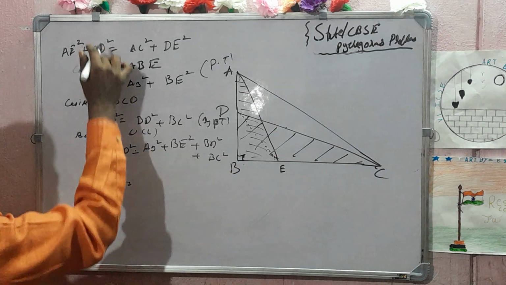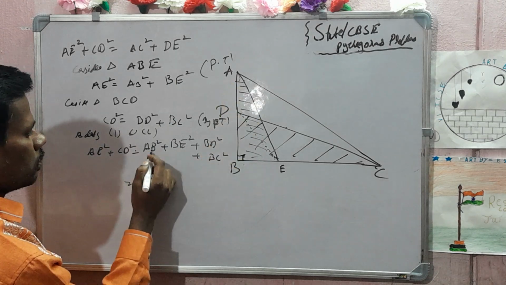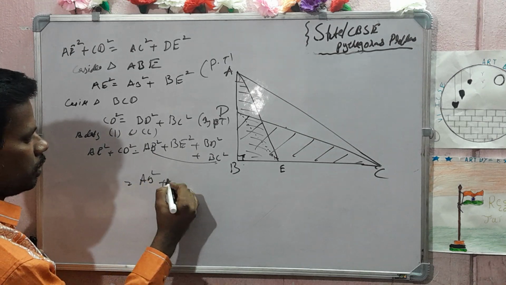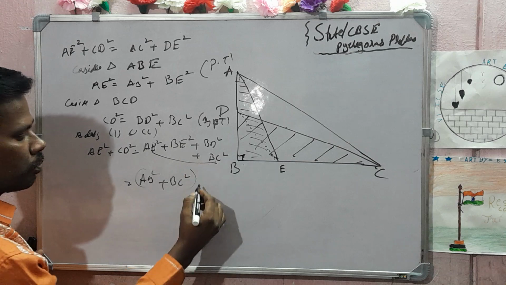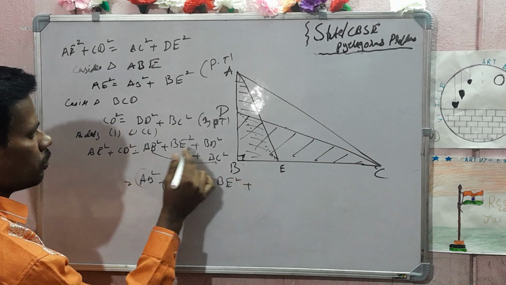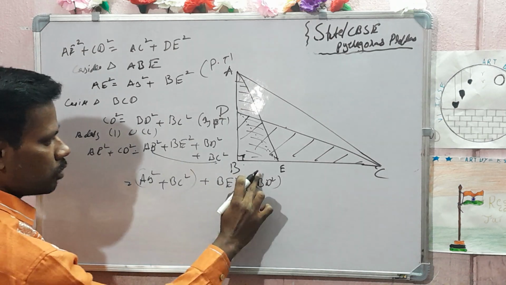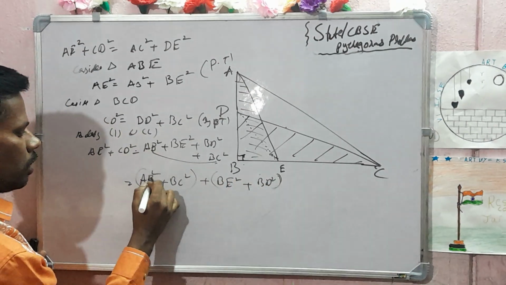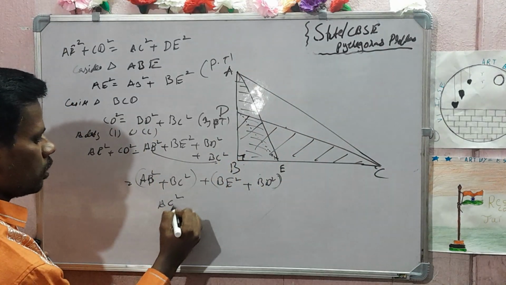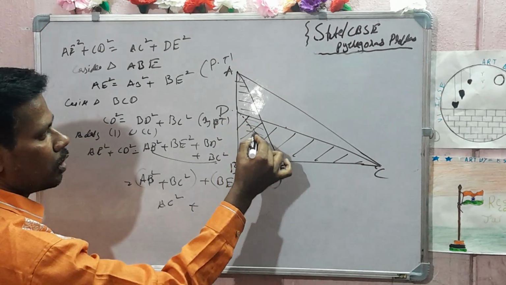Now club AB square plus BC square, and club BE square plus BD square. AB square plus BC square is nothing but AC square, right? Plus BE square plus BD square is nothing but, join these two.